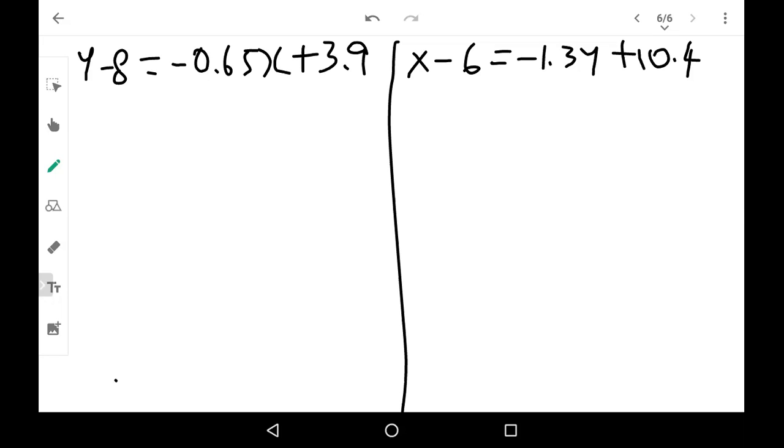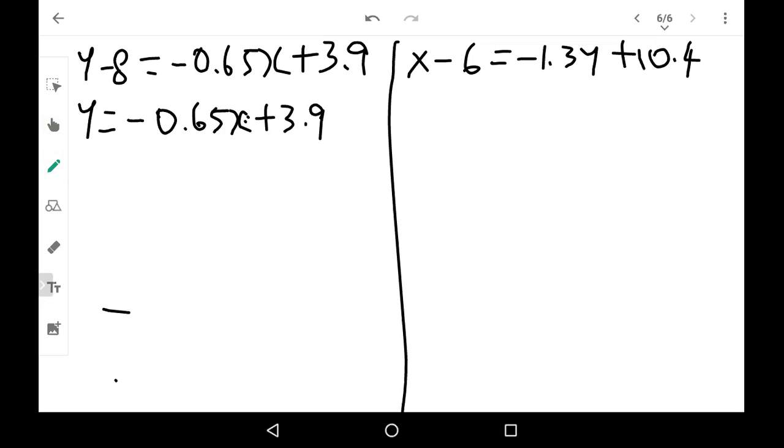Okay. Next. Now in the next step, we will take this minus 8 to the other side. And here we'll take this minus 6 to the other side. So what will happen? Y is equal to minus 0.65x plus 3.9 minus 8. If it is minus 8 here, if it comes to the other side, it will become plus.